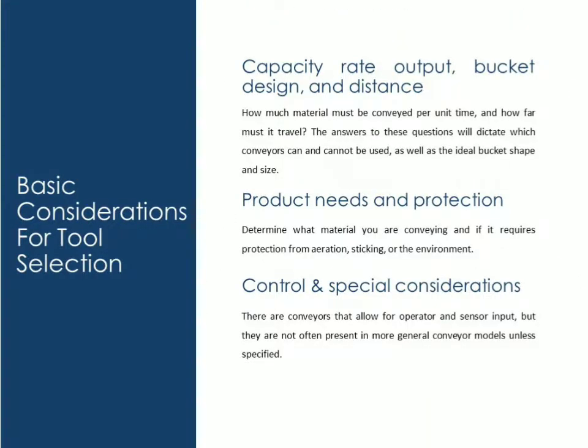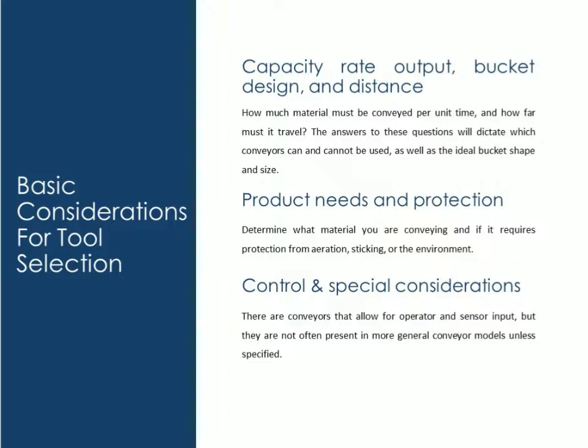Next part is basic consideration for tool selection. First, we must know the capacity rate, output, bucket design, and distance. How much material must be conveyed per unit time, and how far must it travel? The answers to these questions will dictate which conveyors can and cannot be used, as well as the ideal bucket shape and size.